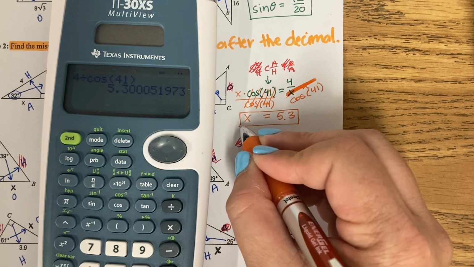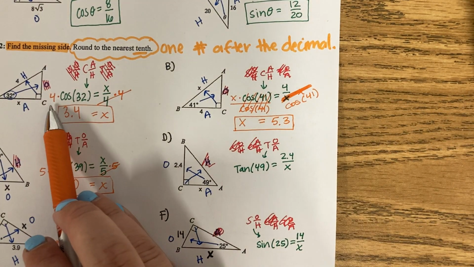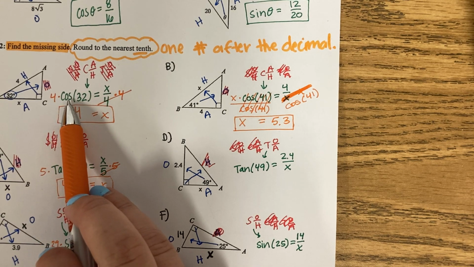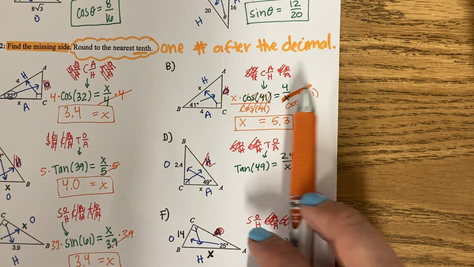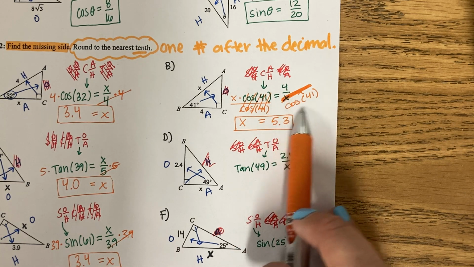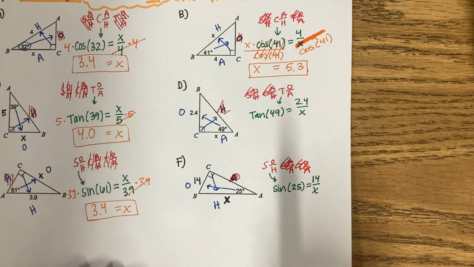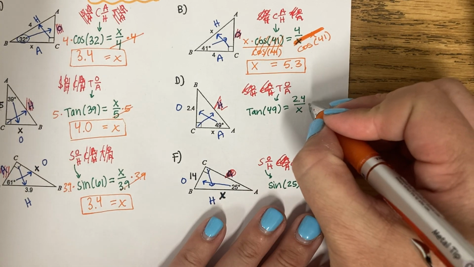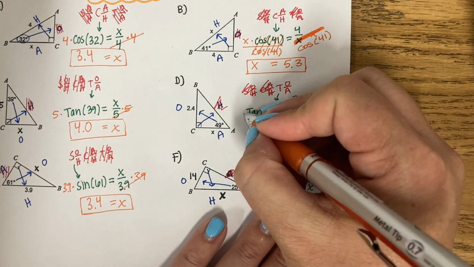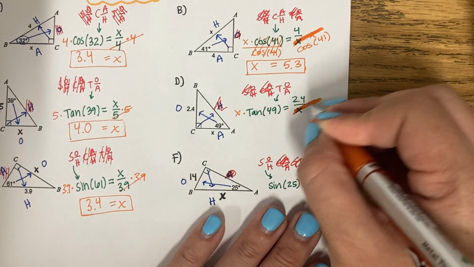So some of you might notice, instead of typing in 4 times cosine of 32, we're typing in 4 on top divided by our trig function. So let's try it again. This is the most difficult side to solve for. So I times by x, so I no longer have this fraction. That x is gone.